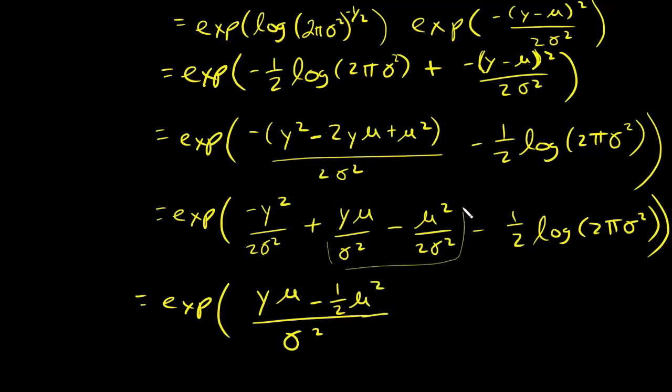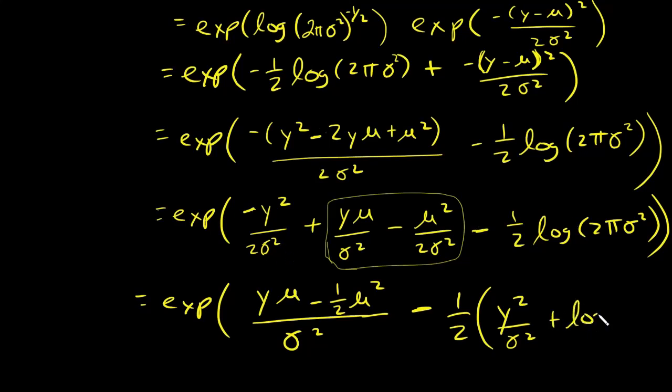So what I did is I took out this piece here, and I wrote it like this. I'm going to move this in the back. Minus, now I'm seeing I have negative on both of these, so let's go ahead and pull out the negative, and let's pull out the 1/2. And I'm left with y squared over σ squared, plus this log of 2πσ squared.